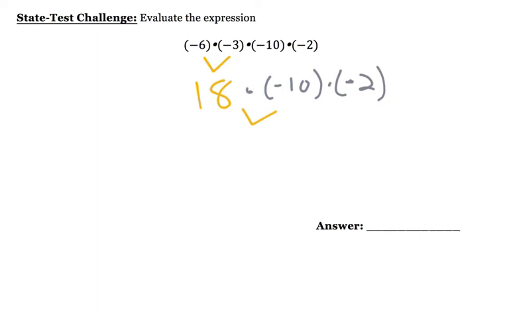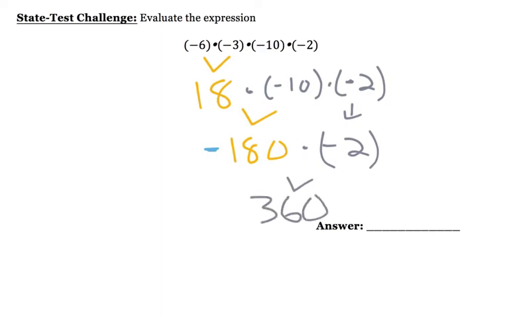I know that 18 times 10 is just going to be 180, but since the signs are different, I'm going to have a negative 180, since there's one negative number there. And then I bring down the last part of the problem, which is times negative 2. And 180 times 2 is like doubling it, which would give me 360. And since they both have a negative sign, or the signs are the same, we're going to keep our answer as positive 360.